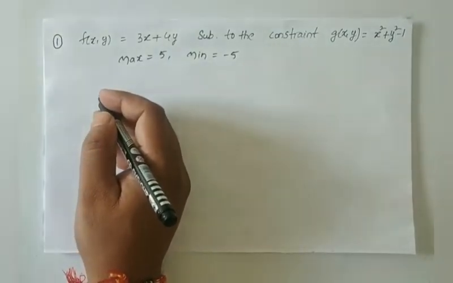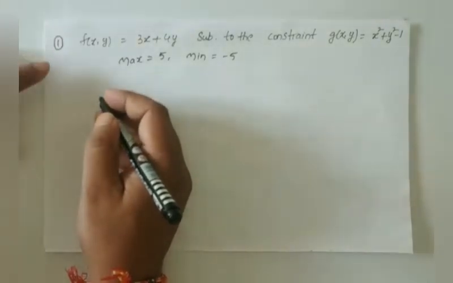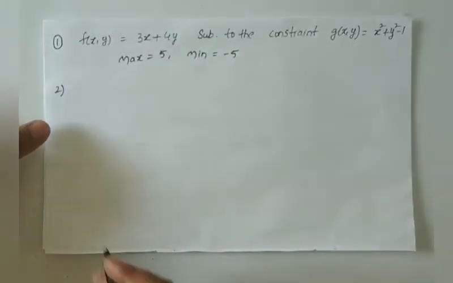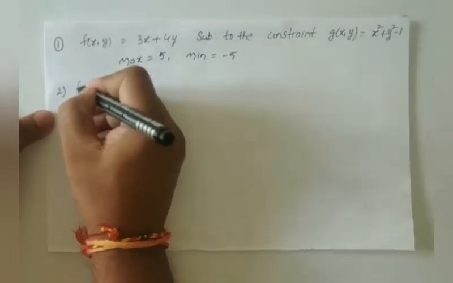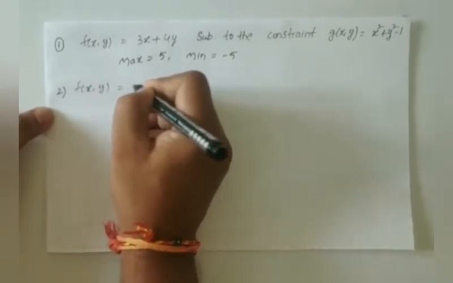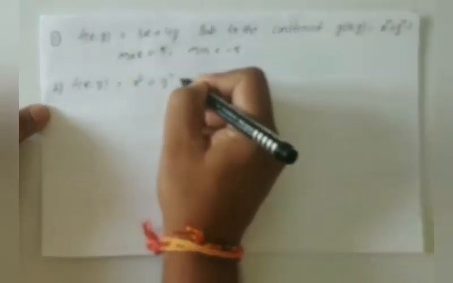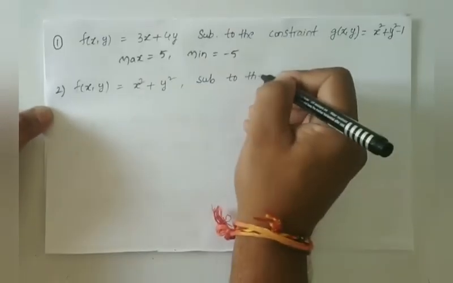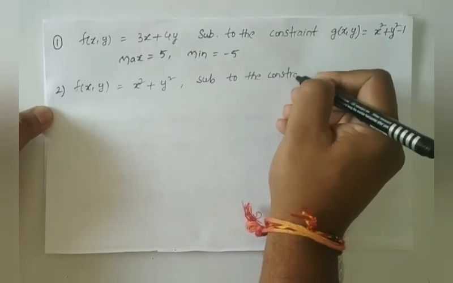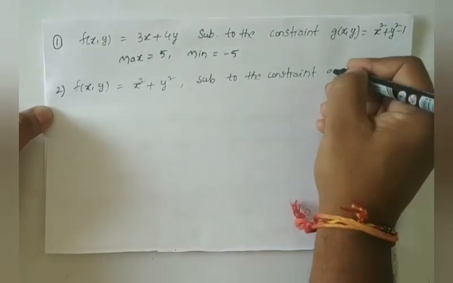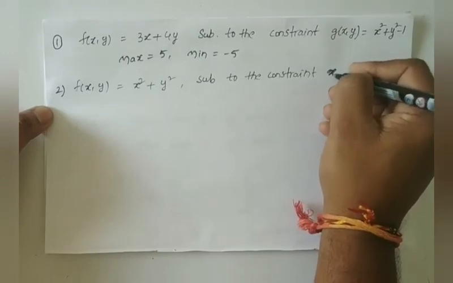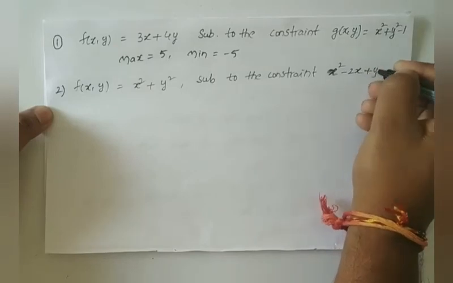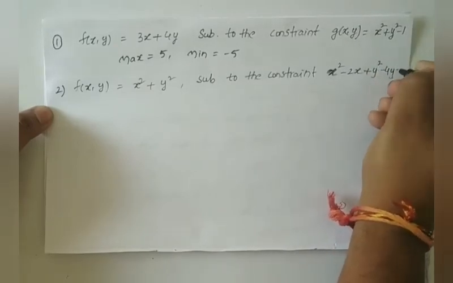Next, second one. f of x comma y is equal to x square plus y square, subject to the constraint x square minus 2x plus y square minus 4y is equal to 0.